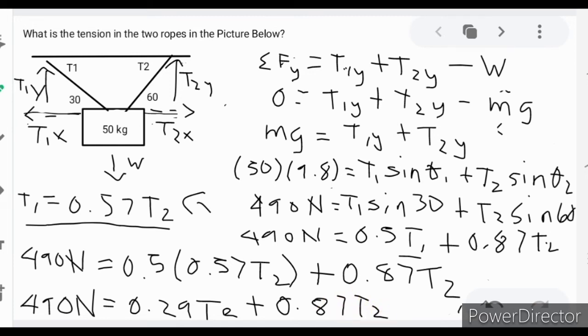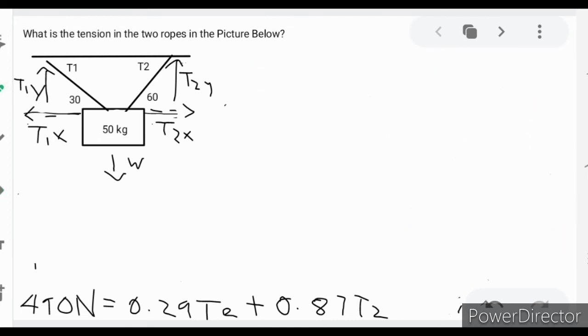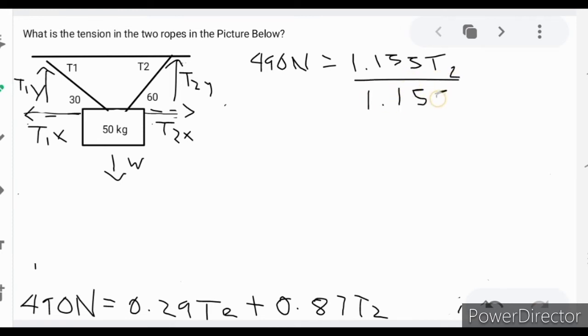And by this time, we only have one variable, which is T sub 2. And we can easily compute for the given values. So we have 490 Newton, 0.29 plus 0.87 T sub 2, we get 1.155 T sub 2. So we can divide 1.155 on both sides to get the value of T sub 2.